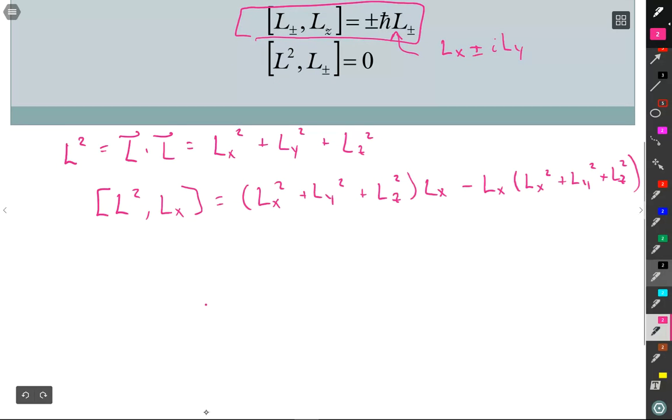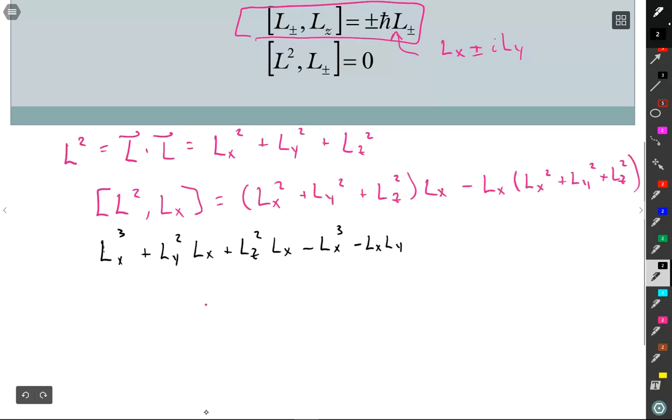So expanding that out, Lx cubed plus Ly squared Lx plus Lz squared Lx minus Lx cubed minus Lx Ly squared minus Lx Lz squared. And what's the one thing that jumps out to make it somewhat easier?